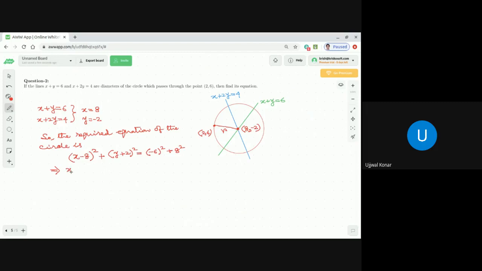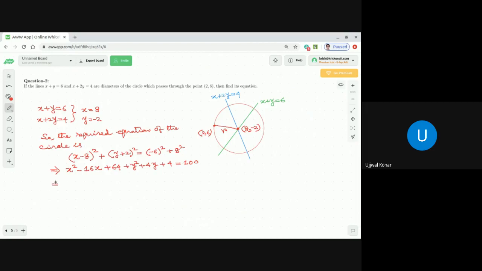So let's simplify it a little. x square minus 16x plus 64 plus y square plus 4y plus 4 is equal to 100.